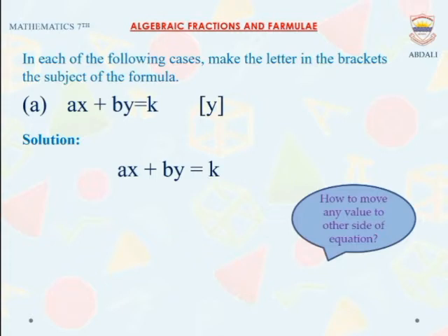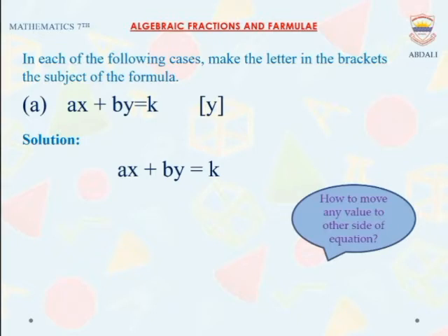Similarly, if one value is being multiplied on one side, it will be divided on the other side, and if one value is divided on one side, it will be multiplied on the other side. Okay, so these are the rules of equation, and we have seen these rules many times.